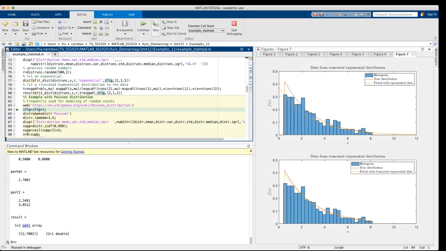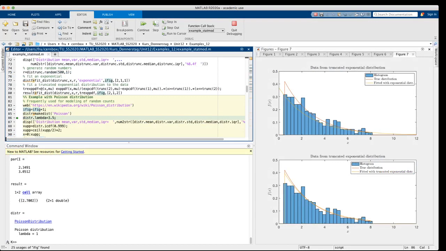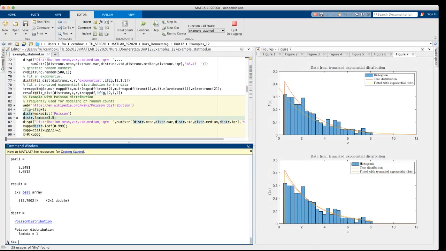So let's generate a Poisson object. Its parameter is called lambda, so the Greek letter for L. And we can set the parameter lambda, which is both mean value and variance, to a positive value.